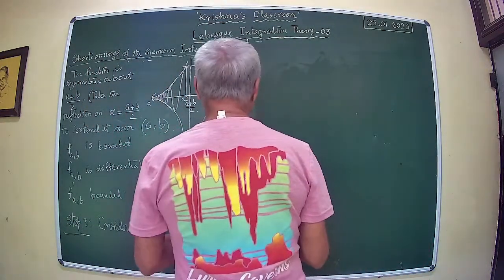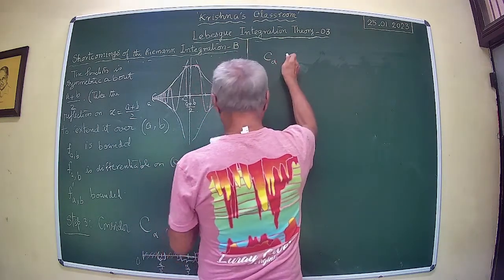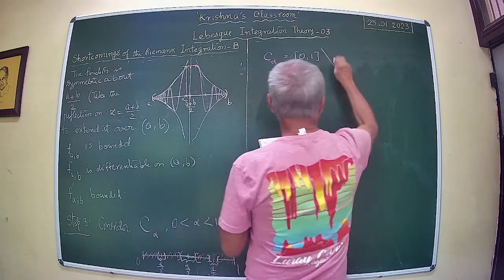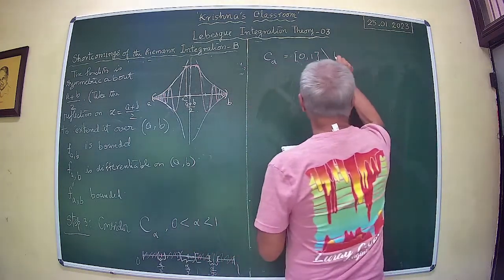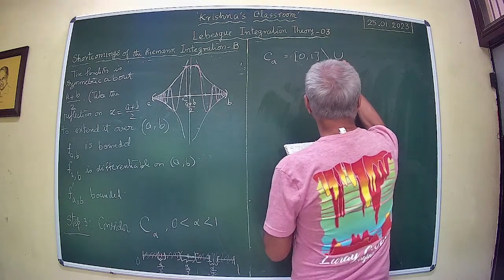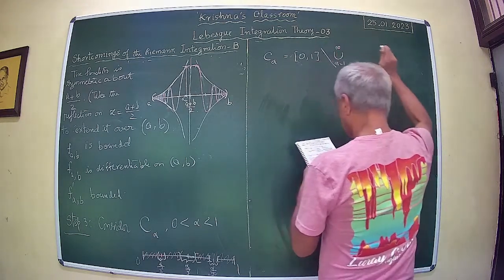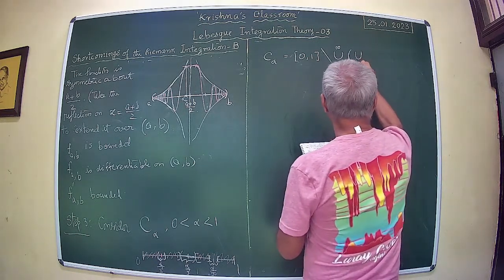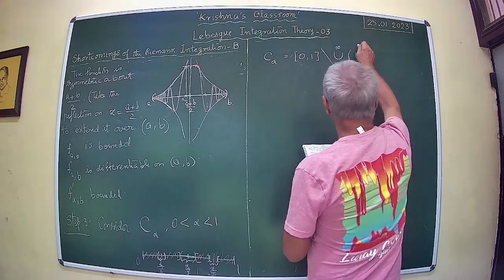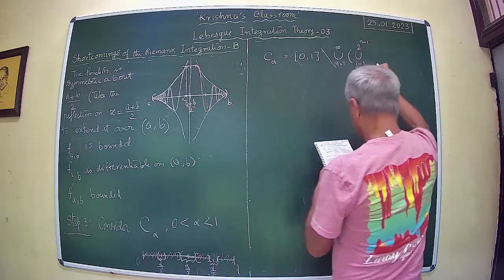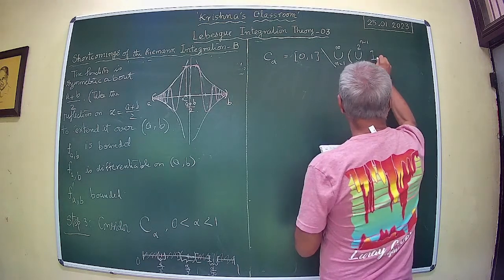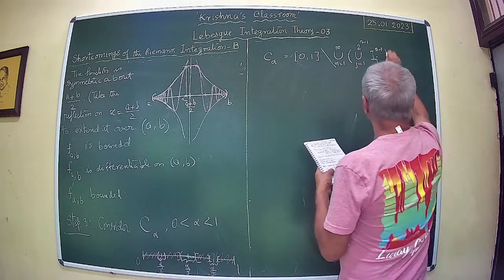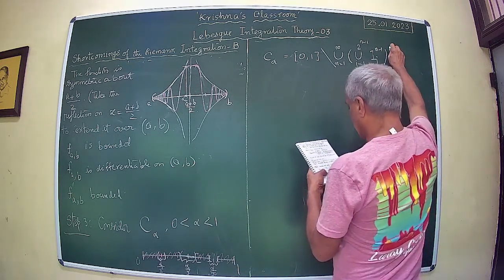It's quite important, and you see that C alpha turns out to be 0, 1 minus the union over n from 1 to infinity, union over j equal to 1 to 2 to the power n minus 1, of I_j^(n-1). I believe the notation is right.